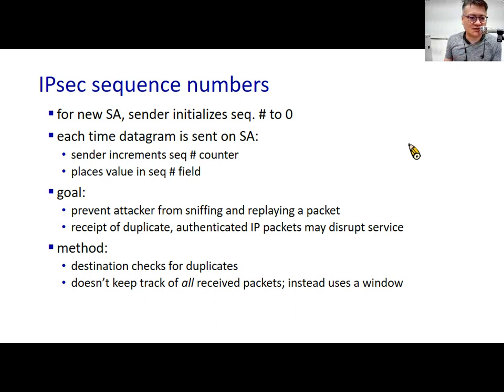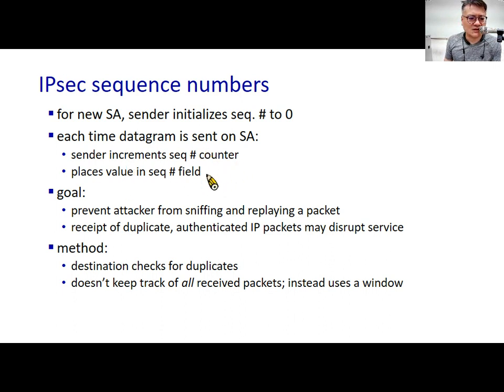For the sequence number, a new SA initializes the sequence number to zero. Each time a datagram is sent on the SA, the sender increments the sequence number counter and places the value in the sequence field.